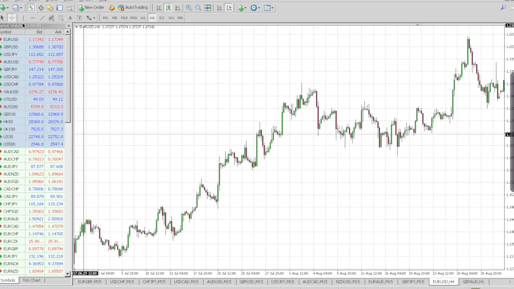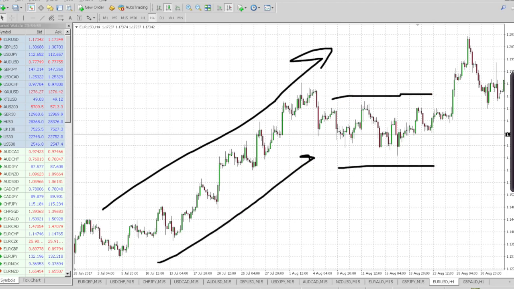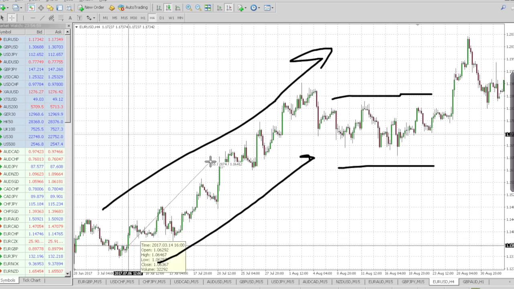I can see an uptrend, you can see this uptrend here, and then this consolidation going sideways. So they may take a trade. For example, they may buy somewhere here.